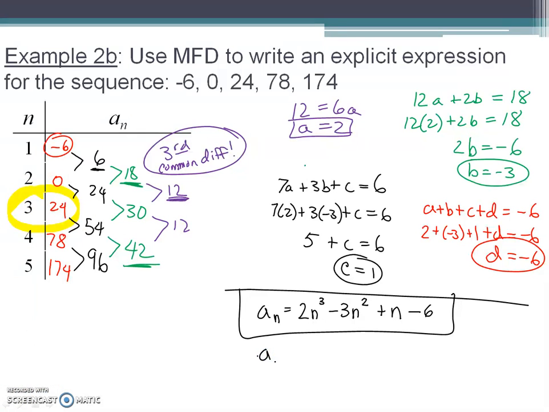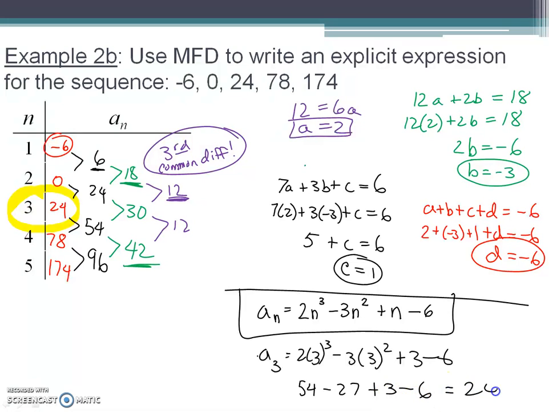So 2 times 27 is 54, and 3 squared is 9, so minus 27, plus 3, minus 6. 54 minus 27 is 27, plus 3 is 30. 30 minus 6 is absolutely 24.